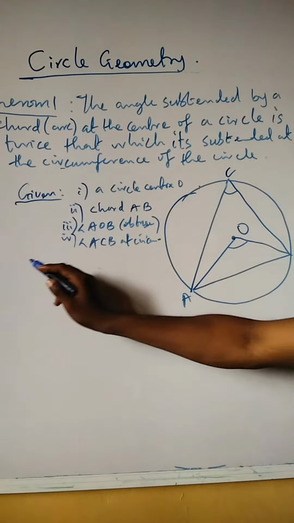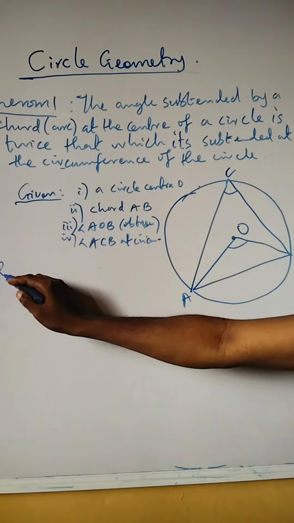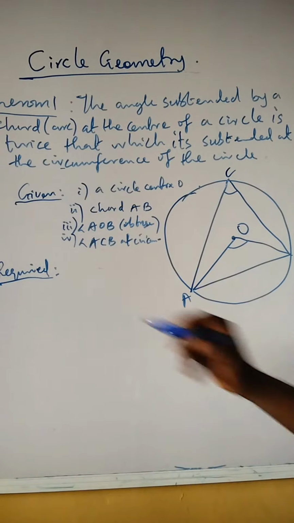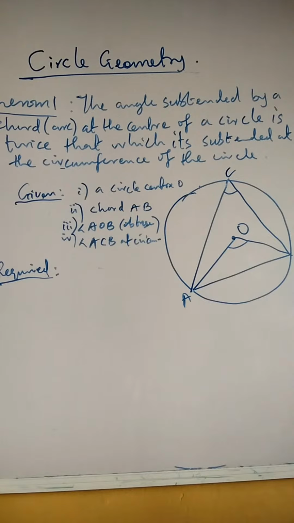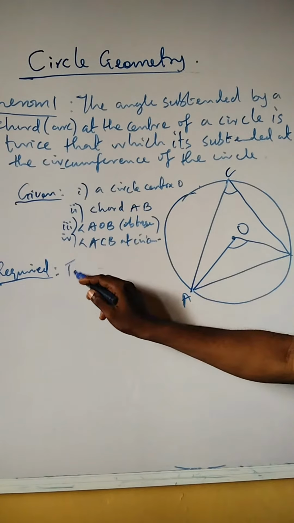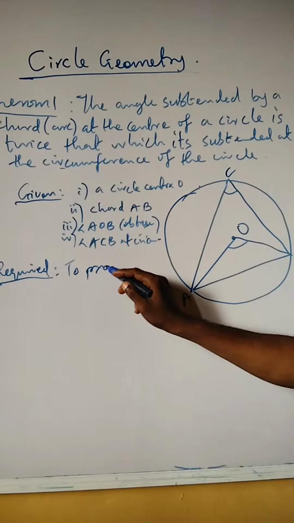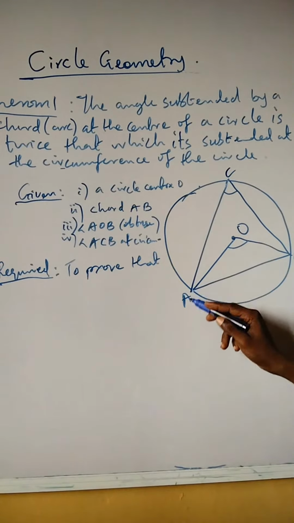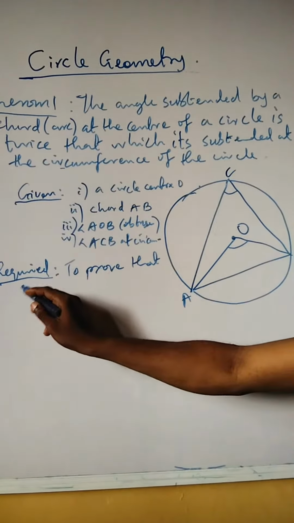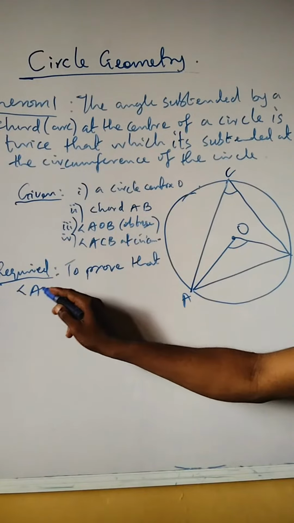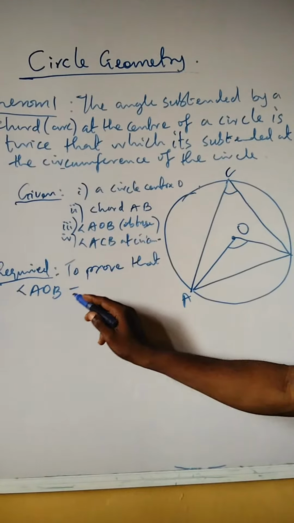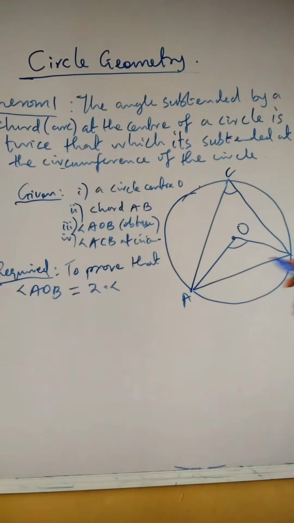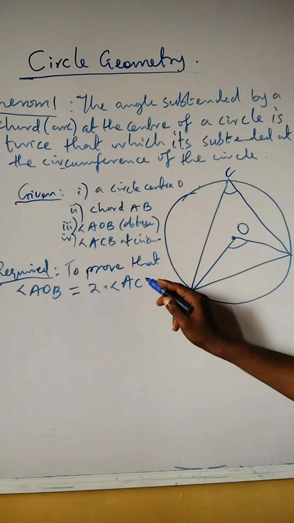Now, the next thing is required. What are we required to prove from the theorem? We have to prove that the angle at the center, which we are going to write using letters now, angle AOB, is equal to 2 times the angle at the circumference, which is angle ACB.